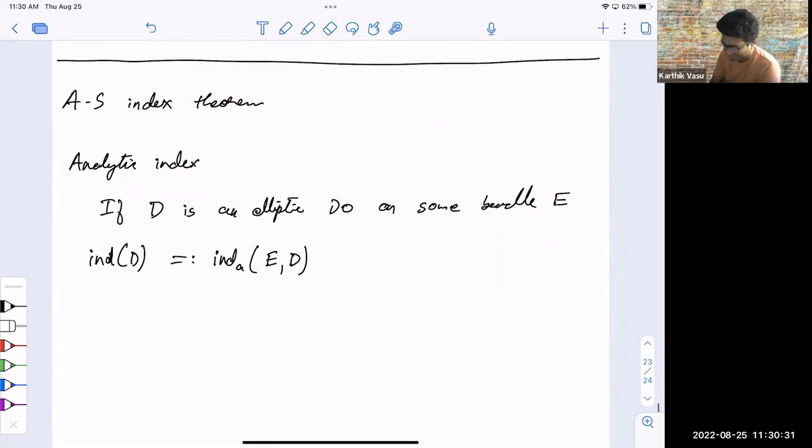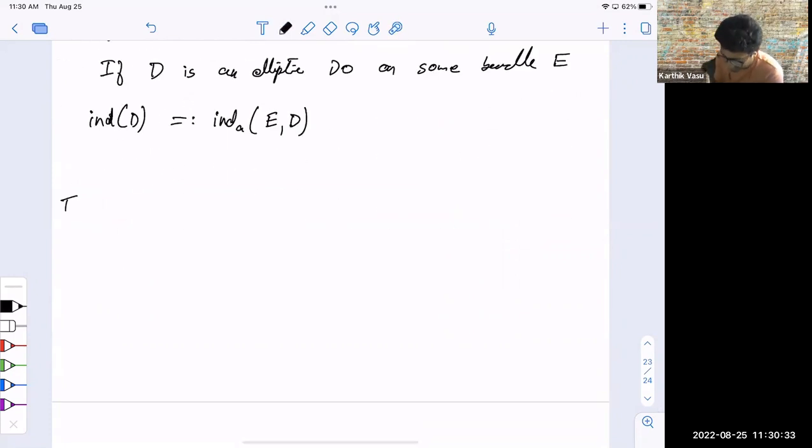That's the analytic index. I will now also need a topological index. This is where it is tricky to define.